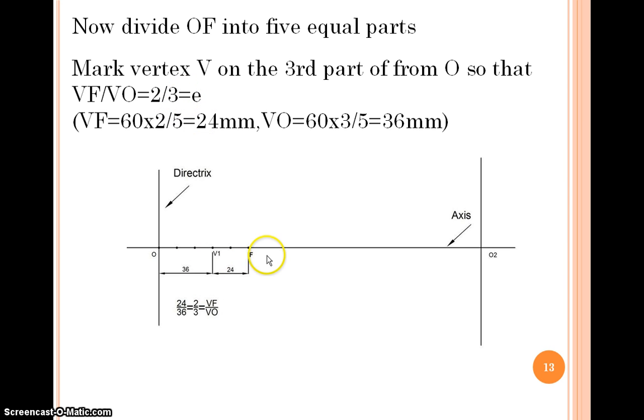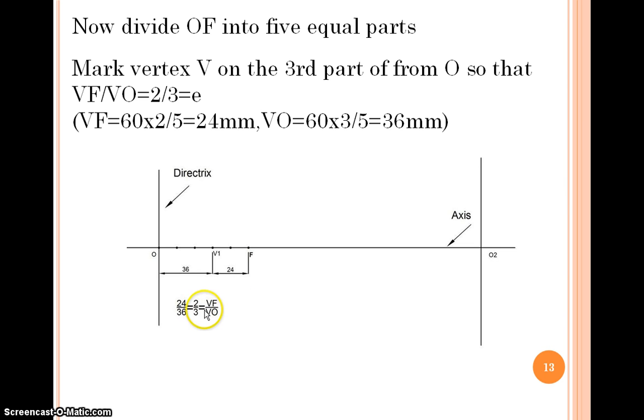That's why you have to divide this line into 5 equal parts in such a way that V1, that is the vertex point, is away from the focus and the directrix. The distance from the directrix to the vertex should be equal to 36 and the distance from the vertex to the focus is equal to 24. So that ratio would be equal to 2 by 3, that is, the eccentricity should be equal to 2 by 3.